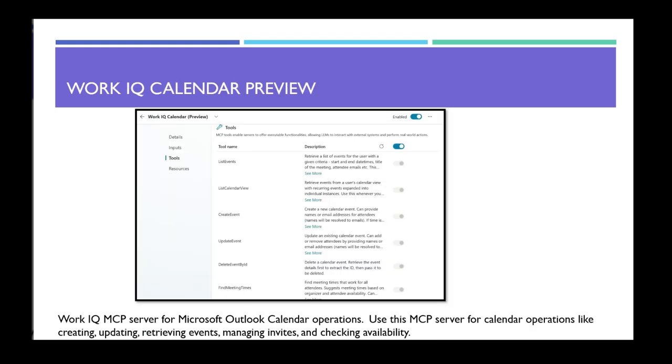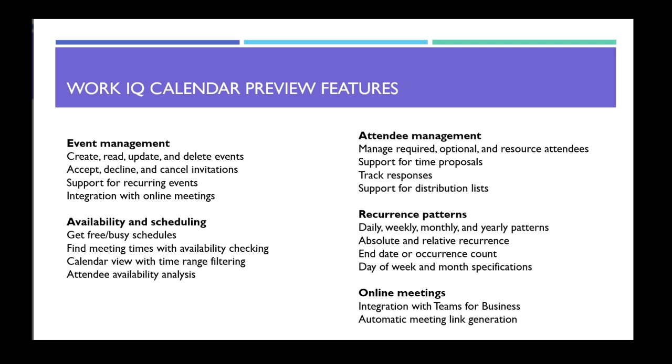The Work IQ MCP server is used for Outlook calendar operations. You can use this MCP server for calendar operations like updating, creating, and retrieving events. You can also use it for managing invites and checking availability of the attendees. So here is a brief look at the features available for Work IQ Calendar.